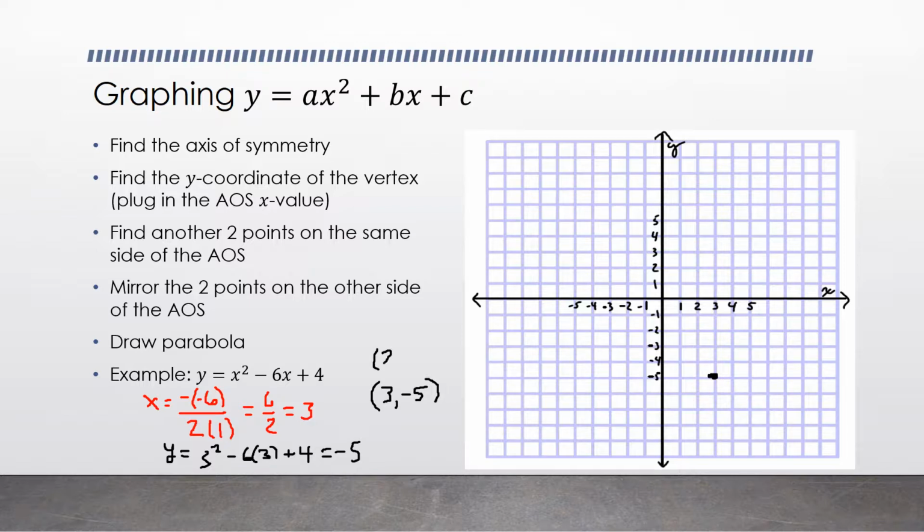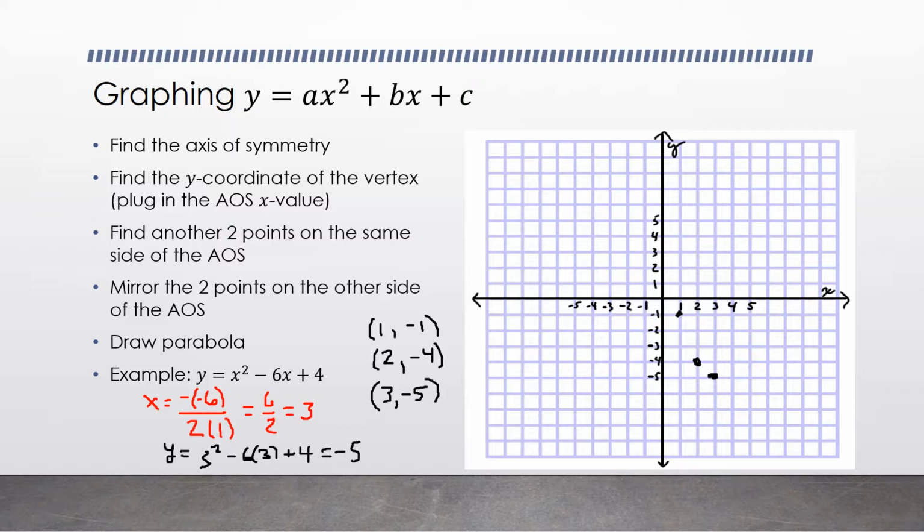So I have another point of 2, negative 4. When I plug 1 in, 1 squared is 1, minus 6 times 1, which is 6, that's negative 5, plus 4 is negative 1. So now I have another point of 1, negative 1. Remember, all I did was plug the x value in to get a y value. So now I have 2, negative 4, and 1, negative 1.